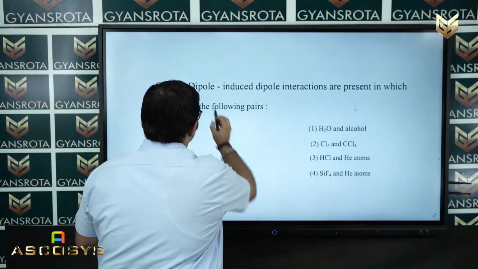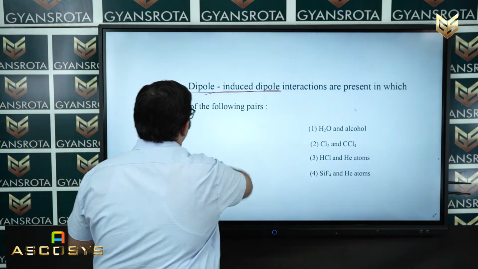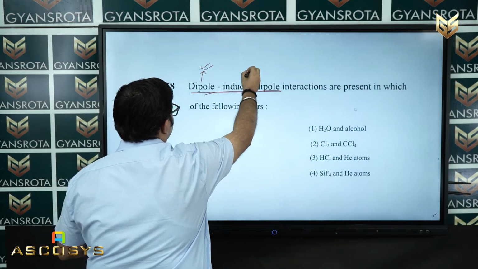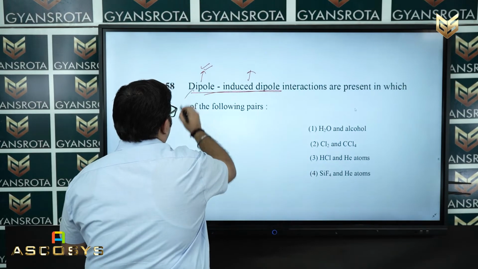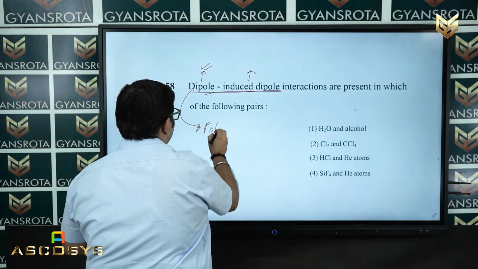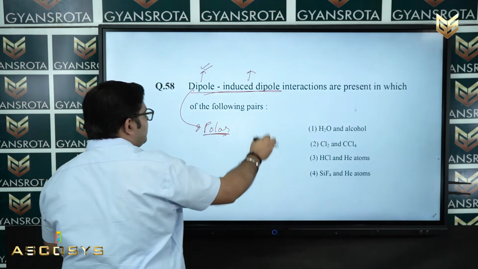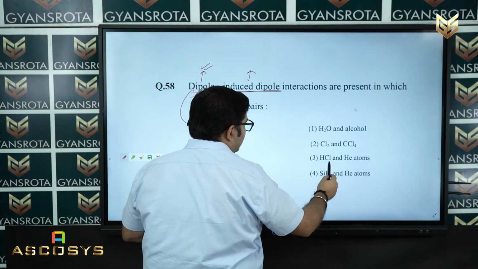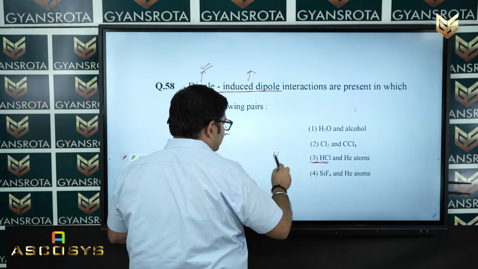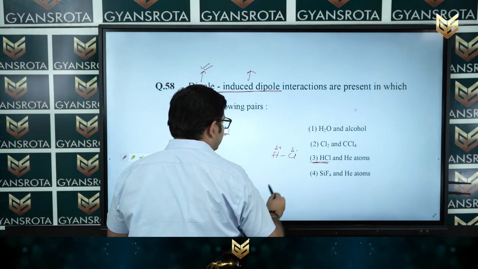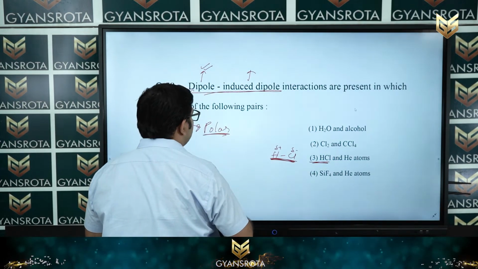Here they ask about dipole induced dipole. For this we need one dipole molecule and another one induced dipole. Now for a dipole we require a polar molecule, right? The polar molecules basically have a dipole moment. Now if you see in the options, only HCl, here it will be delta positive and delta negative, so each having this dipole part.